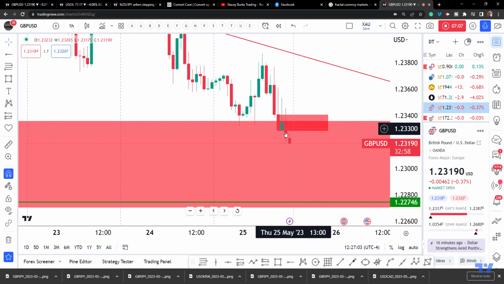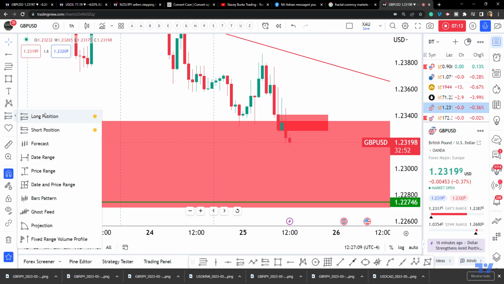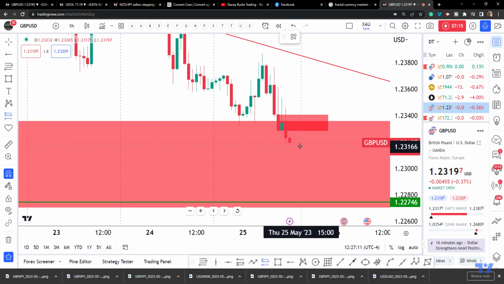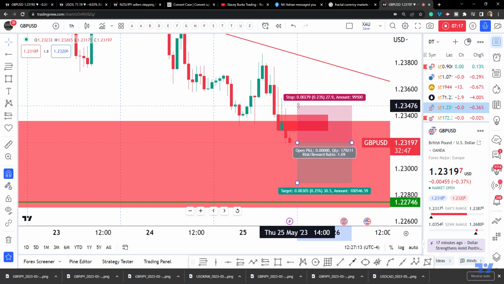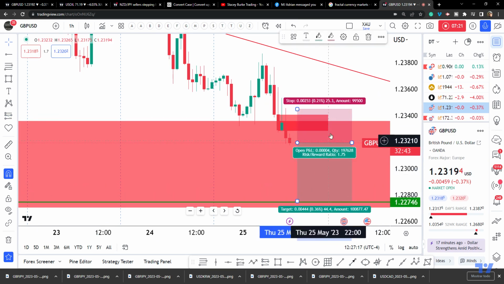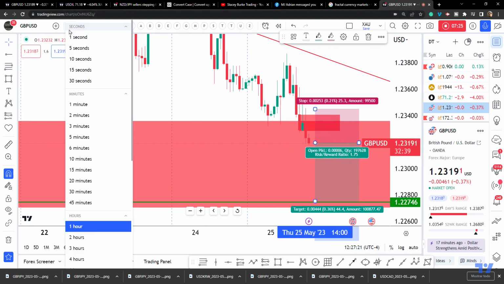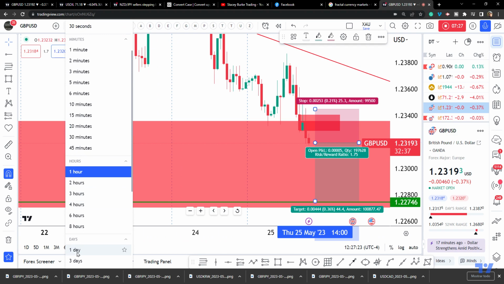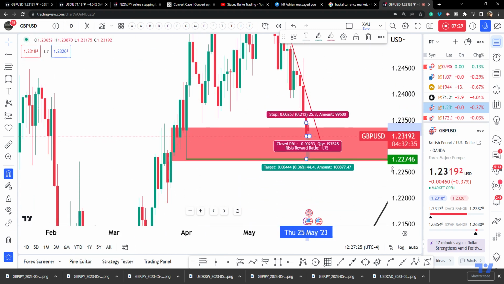So I'm a seller while below that area. You might get short of the market now, with your stop above and your target set. And this trade, if you sold it now, was based on your higher time frame analysis, based on the daily trend.